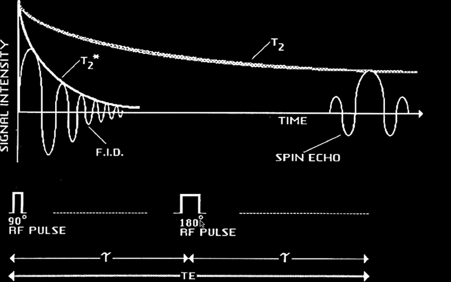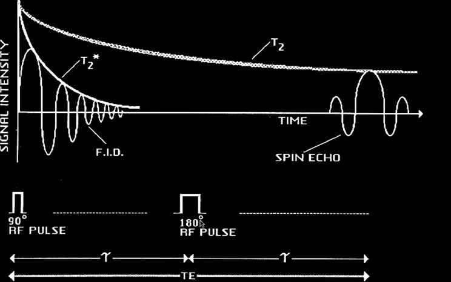The time it takes for the XY component of the bulk magnetization vector to drop to roughly a third of its maximum value, we call T2. Actually, technically, we should call that T2 star. And the time it takes the Z component to go from 0 to roughly two-thirds of its maximum value, we call T1.